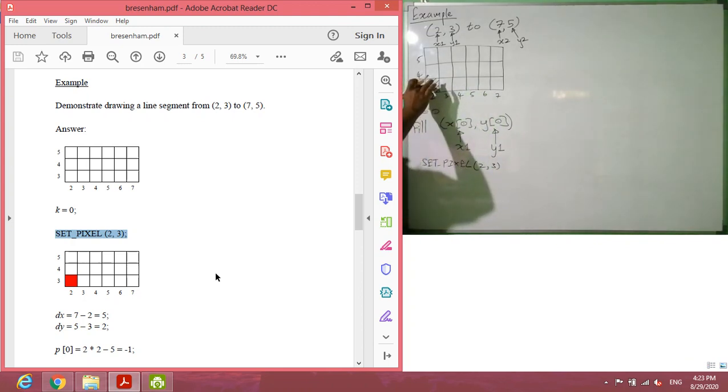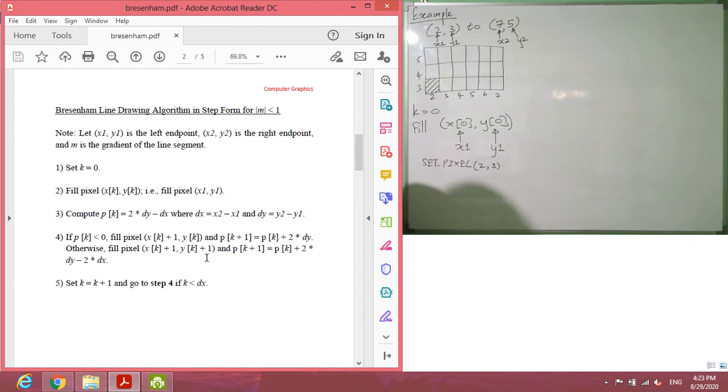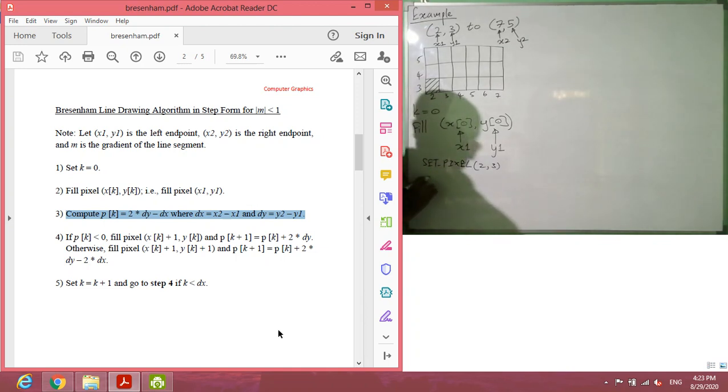Then it will light up the 2 comma 3 pixel. Then after that, third step, you have to compute pk. Pk means now k is 0, the p0 value.